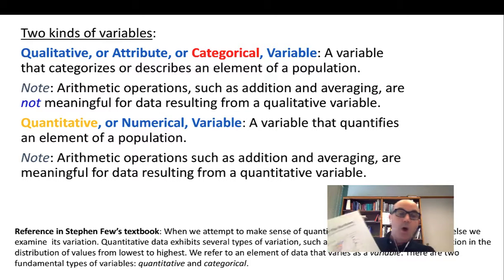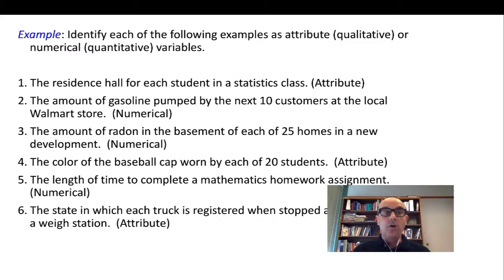According to our textbook, when we attempt to make sense of quantitative data, more than anything else, we examine the variation. So data exhibits several types of variation, such as qualitative and categorical, and they may try to make sense out of it. And we will see examples throughout the semester, and I will come back to it as we go along. So an example: the residence hall for each student in statistics is an attribute.